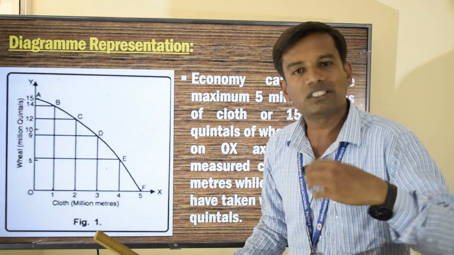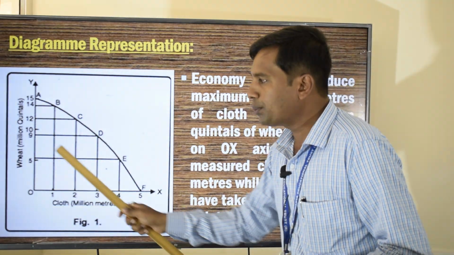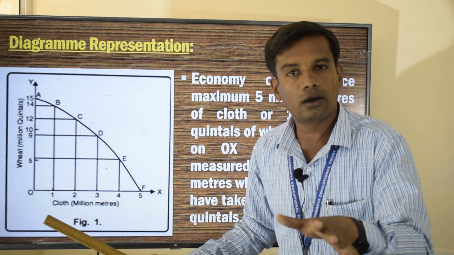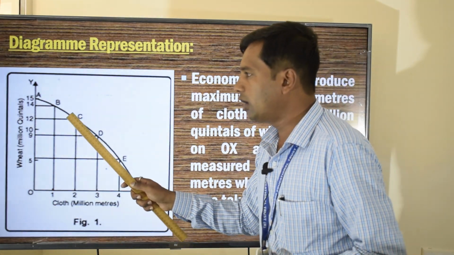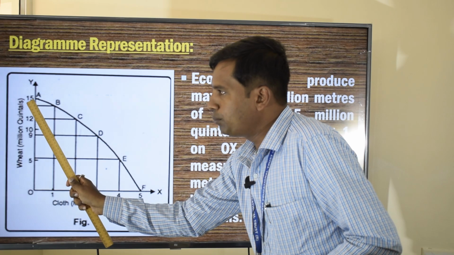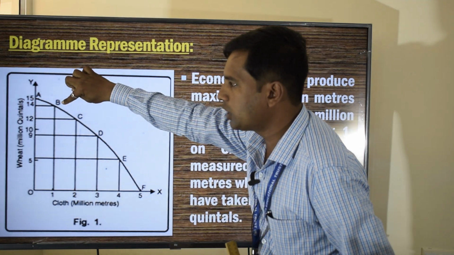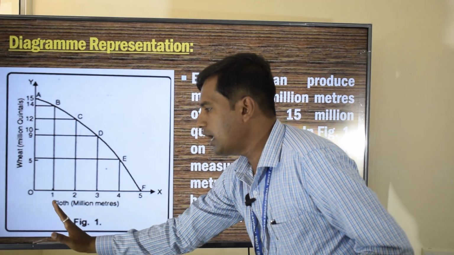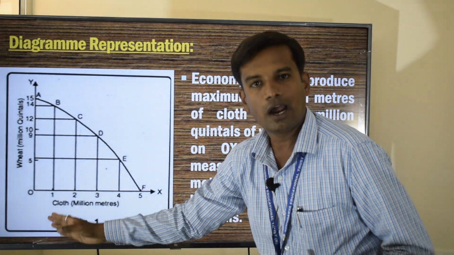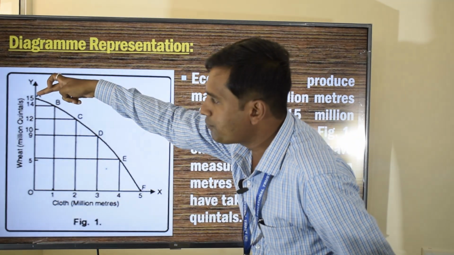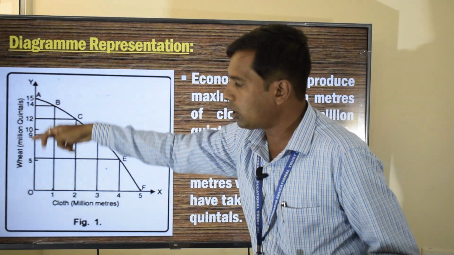Now an economy decides, no, it wants to produce both the goods together. Now see the combinations here. When the combination moves from A to B, which means we are producing 1 million meters of cloth, at the same time we can find a reduction in the production of wheat.